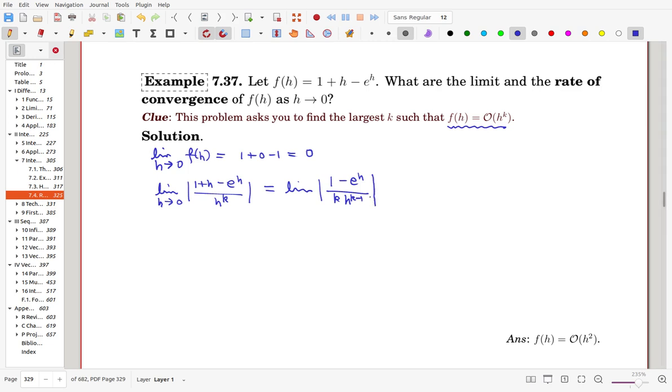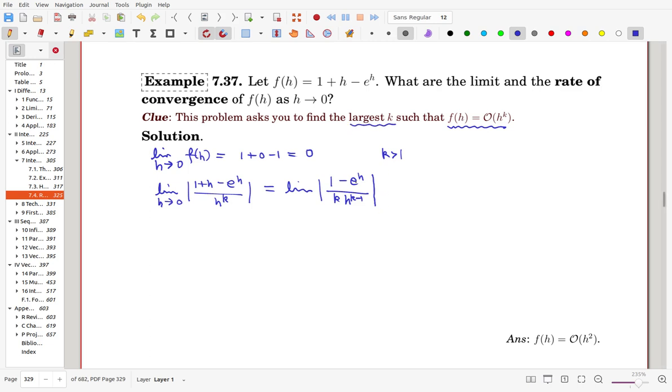Now, this one is approaching 0, and also if k is larger than 1, then the bottom is approaching 0. So we may assume here that k is larger than 1, because we have to find the largest k.